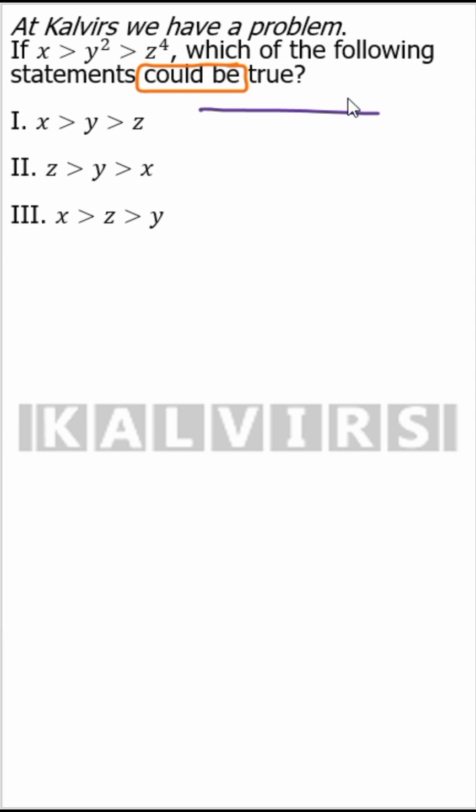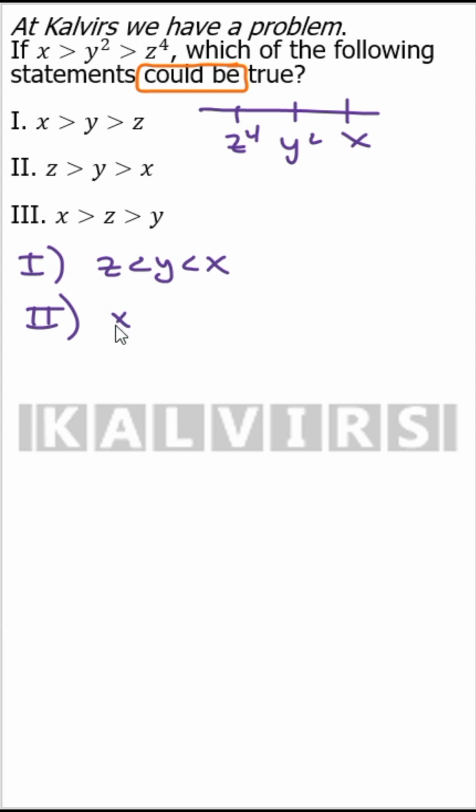We redefine the options: the first will be z less than y less than x, the second one will be x less than y less than z, and the third one will be y less than z less than x. Then we will solve the question as well as we can.